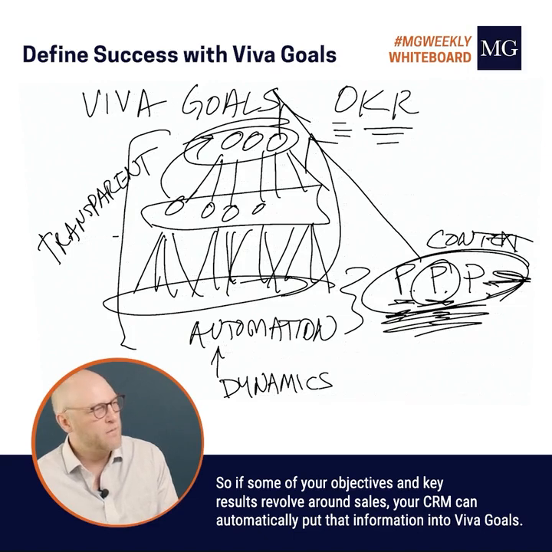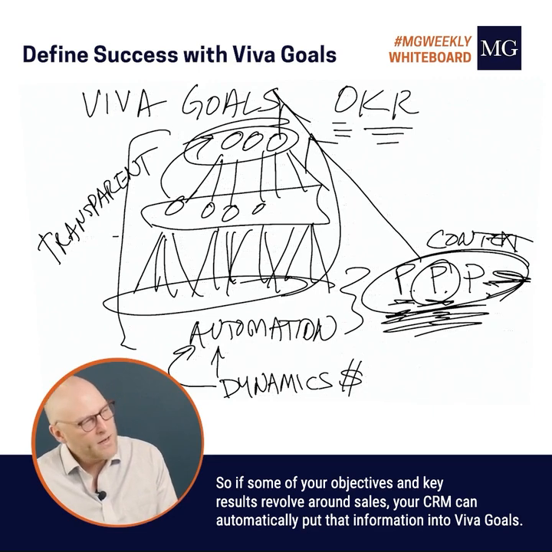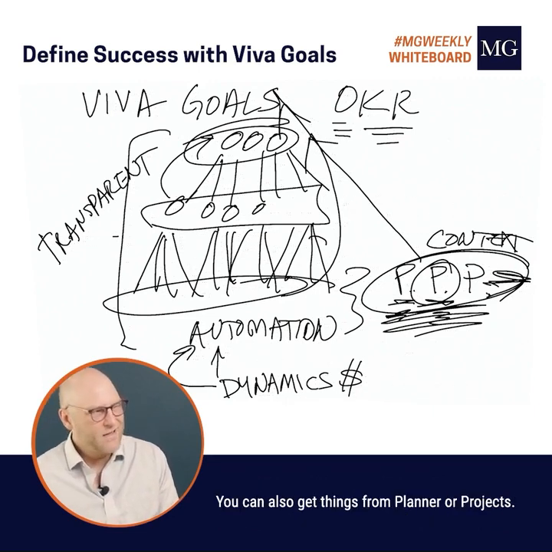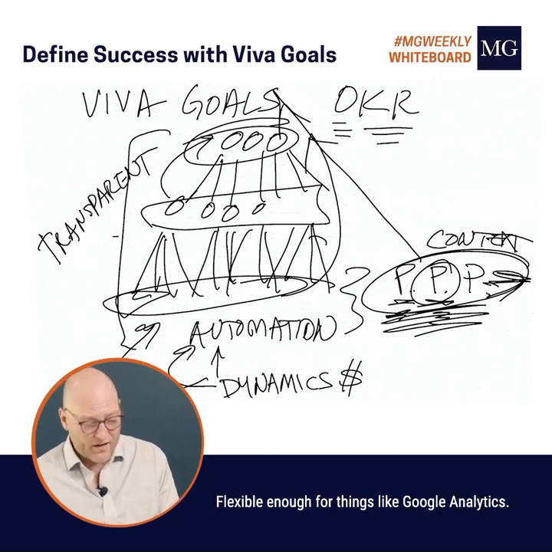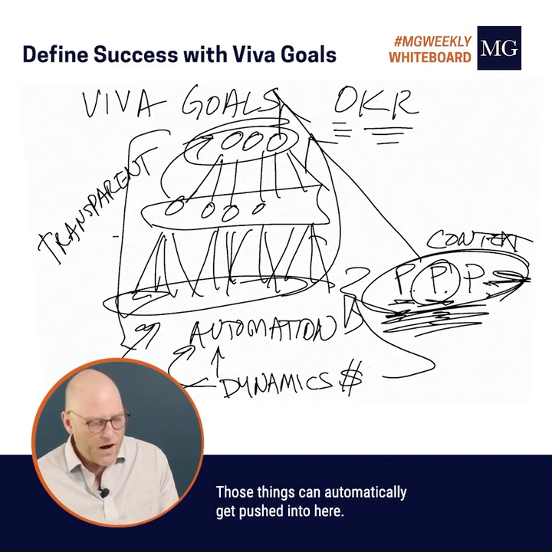So if some of your objectives and key results revolve around sales, your CRM can automatically put that information into Viva Goals. You can also get things from Planner or projects. As pieces of projects are done, it creates those updates in here as well. Flexible enough for things like Google Analytics. Those things can automatically get pushed into here.